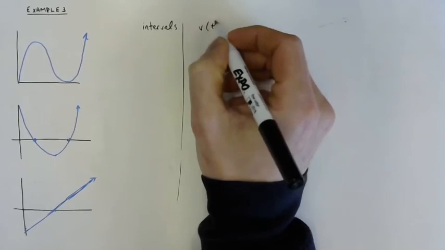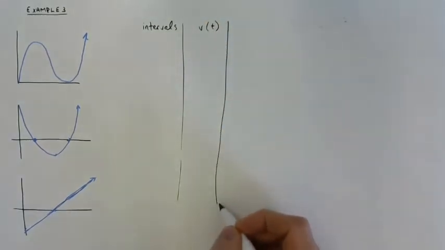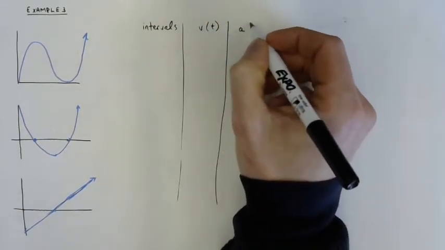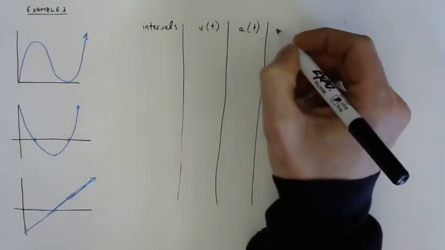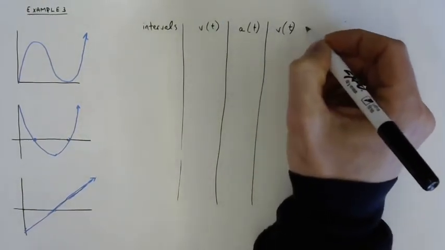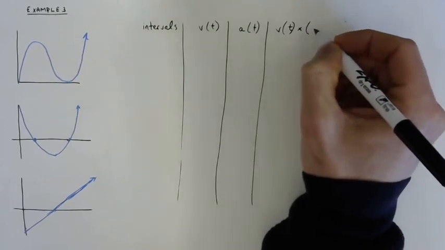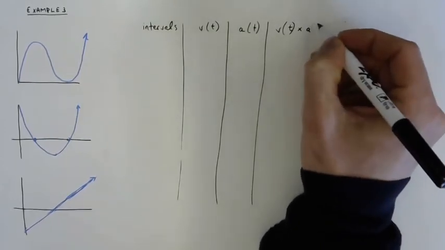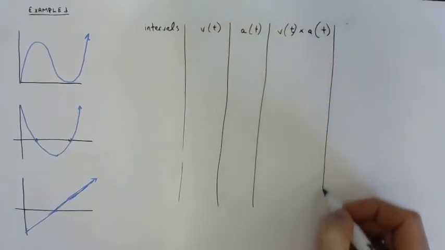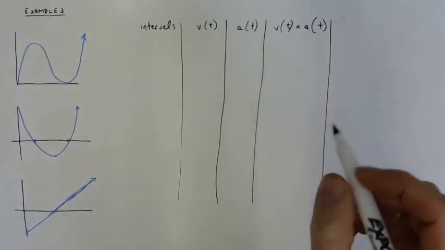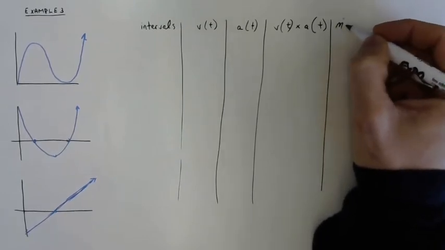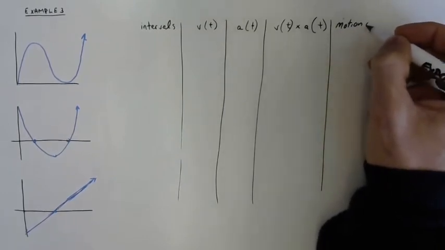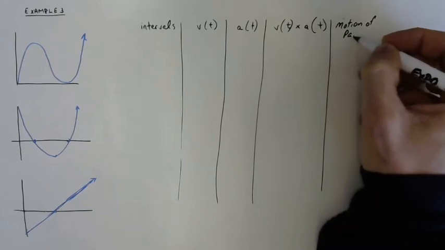What's v of t doing during that interval? What is a of t doing during that interval? And then what is the product of v of t and a of t? And we're just looking at the sign. Is it positive or is it negative? And then we're going to talk about the motion of the particle.